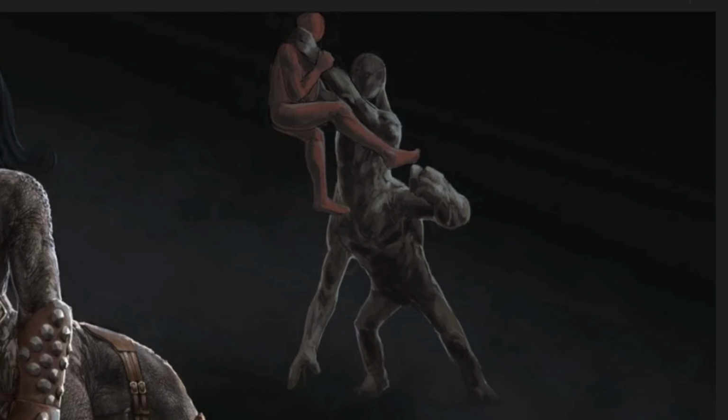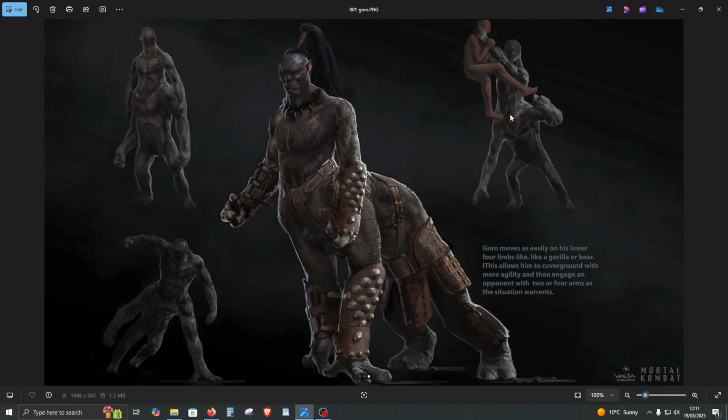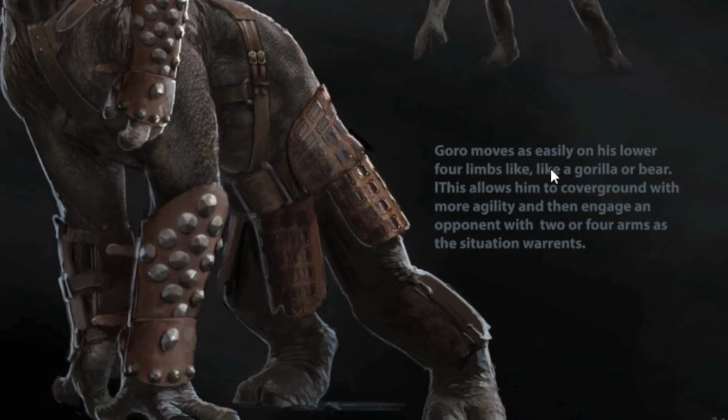Look at the action on the top right. What the hell is he doing to this person? How can a creature like this even stand up? What did he say? Read the comment: "Goro moves as easily on his lower 4 limbs like a gorilla or a bear.